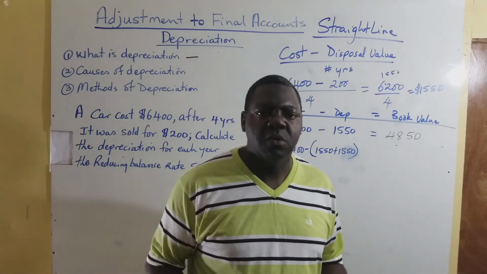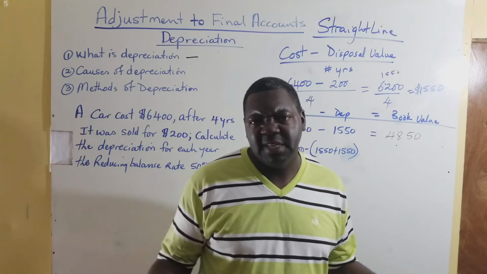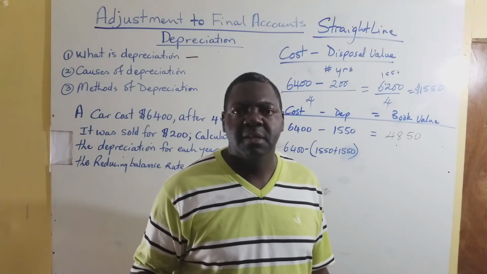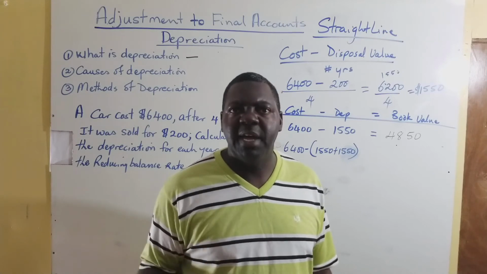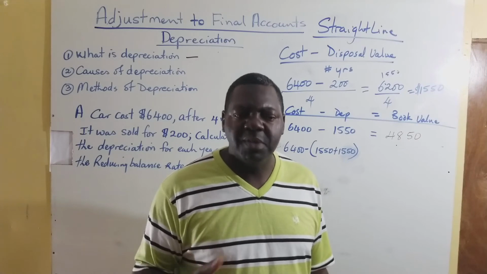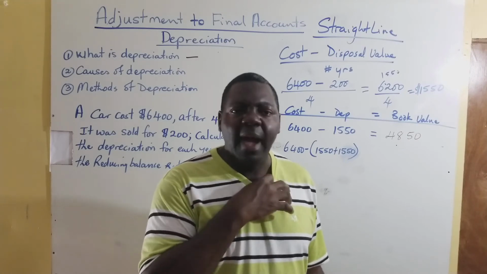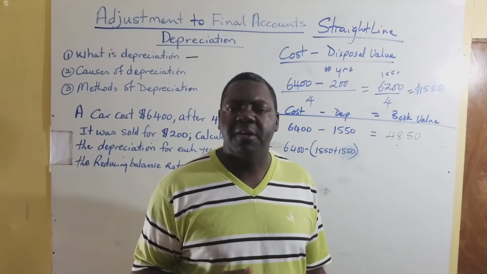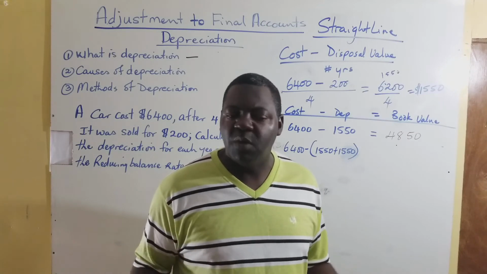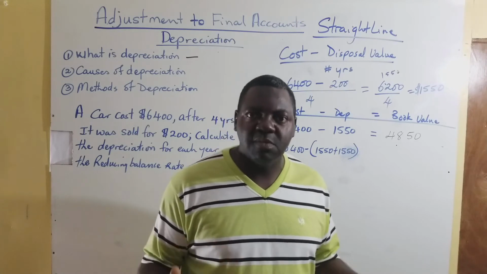For example, if you bought a bag for $300 10 years ago, and somebody asks you today how much you paid for it, you're going to tell them you paid $300 for it, right? So the cost does not change. Whatever you had purchased it for, that is what remains the cost.